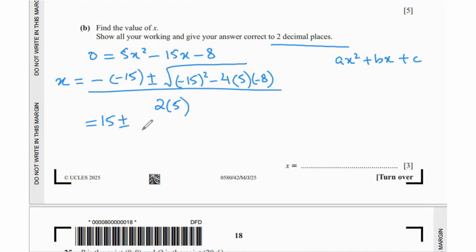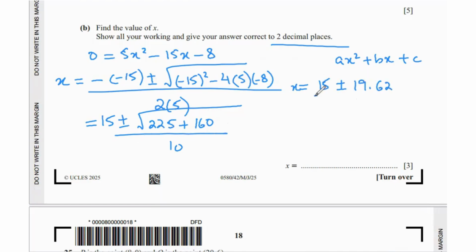So 15 plus minus root of 15 squared is going to be 225, plus 4 times 5 times 8, that's 160, divided by 10. So 225 plus 160 is 385, square root of 385, that's 19.62.